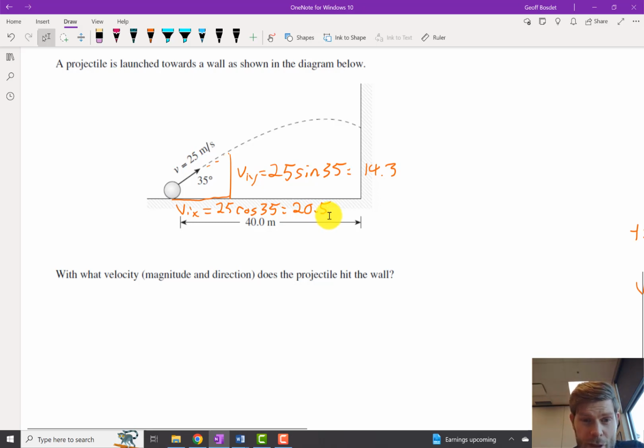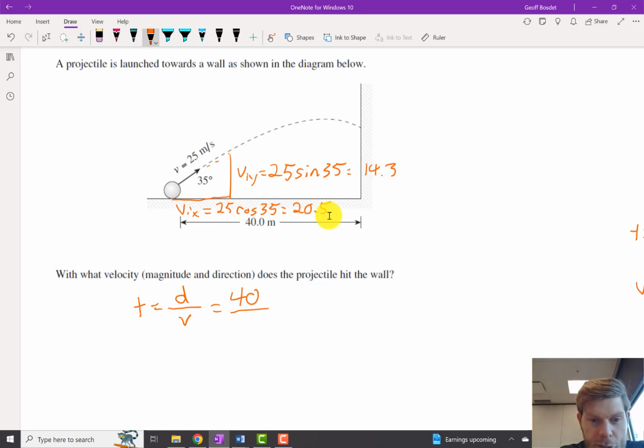So with rounding, time is equal to displacement, like your total meters divided by your meters per second. So we went 40 meters and we're going about 20 meters per second. So we'll find out it'll take 2 seconds with rounding. So it's 2 seconds in the air. We're using our horizontal information to find that.